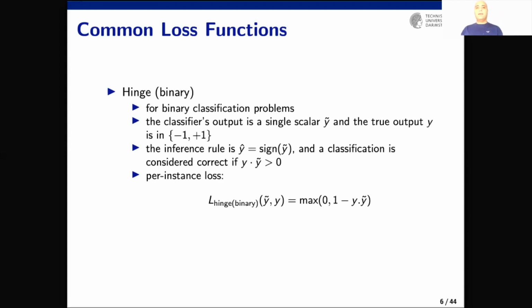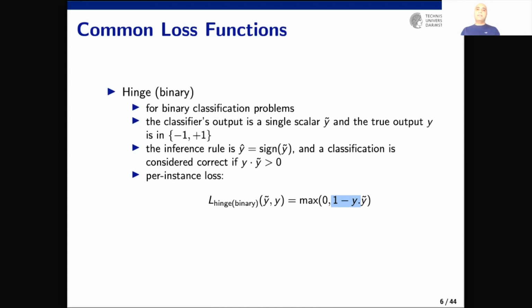So let's say the true label is +1, right? If the true label is +1 and the predicted score is also a positive number, then we have a positive number here, right? So 1 minus a positive number can be either between 0 and 1 or less than 0, right?